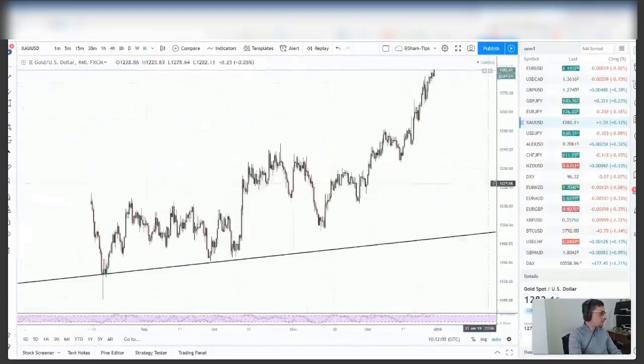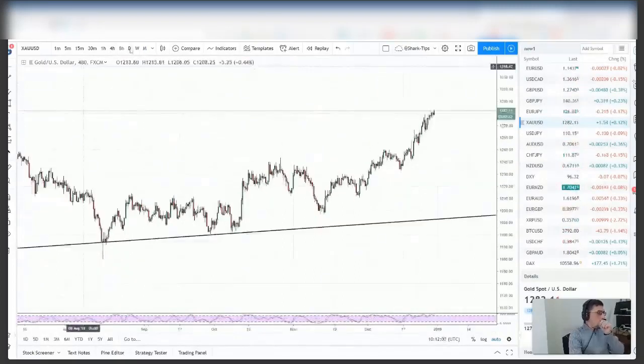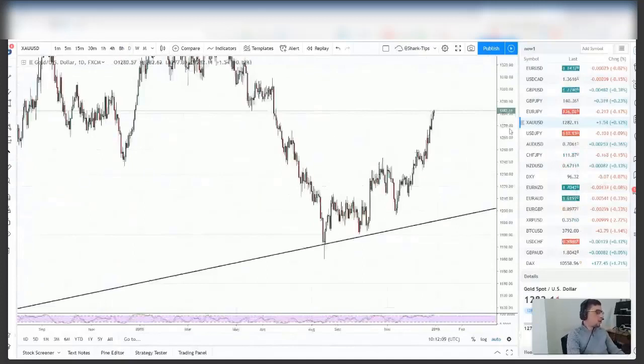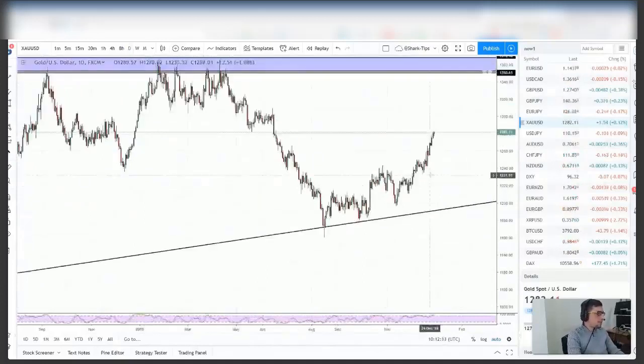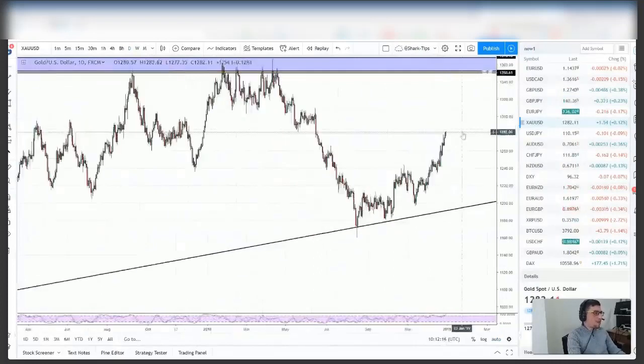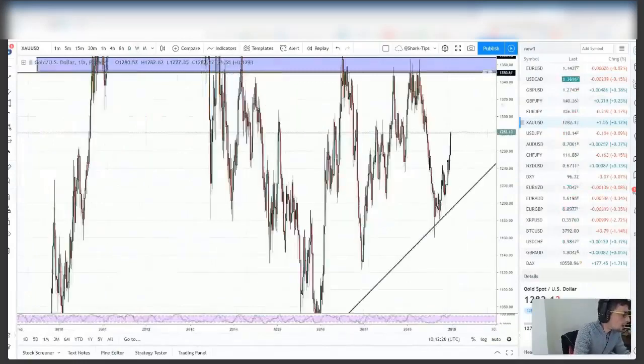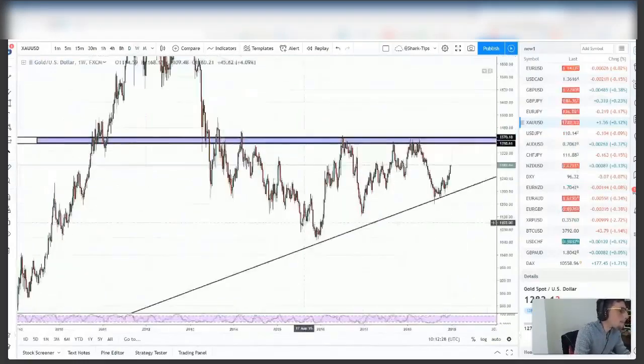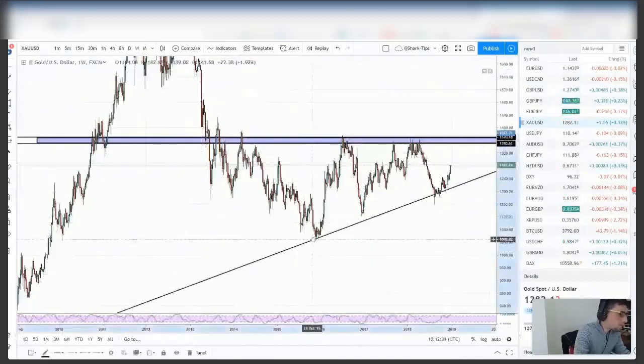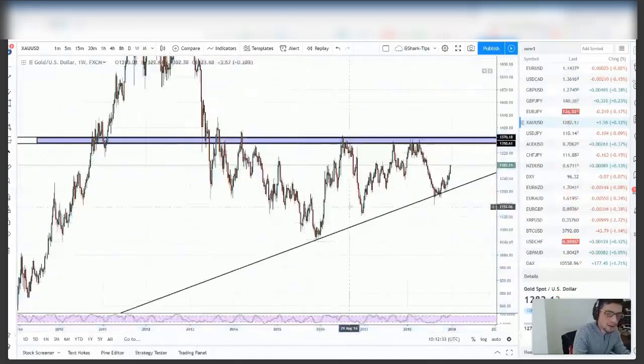But it looks like it will. Sorry, we can expect gold to continue and go higher, maybe even 5% more or 50 points higher. On the weekly also, you can see how nice this weekly trend line is holding. Yeah, and price action for the moment is bullish.